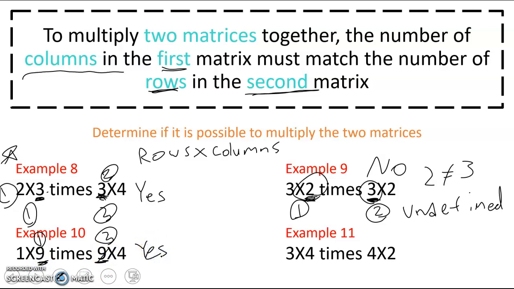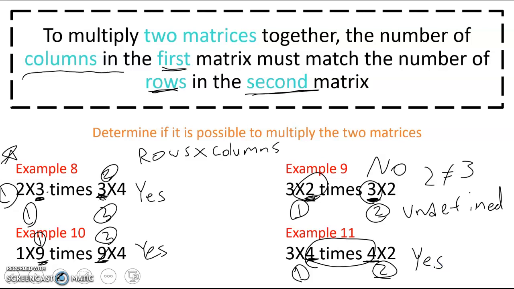And then last but not least, example 11, you have the first matrix and then the second matrix here. You have 4 columns in the first matrix and 4 rows in the second matrix. These numbers match, so yes, we can indeed multiply those matrices out, okay?